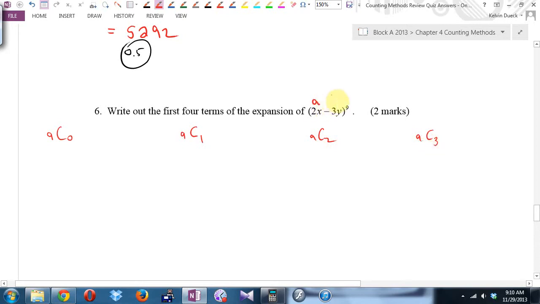That's A, that's B. It's going to be A to the 9th, 8th, 7th, 6th. B to the none, B to the 1, B to the 2, B to the 3rd, and I'll start out putting plus signs, although some of them may end up with a negative in front of them and become subtract.